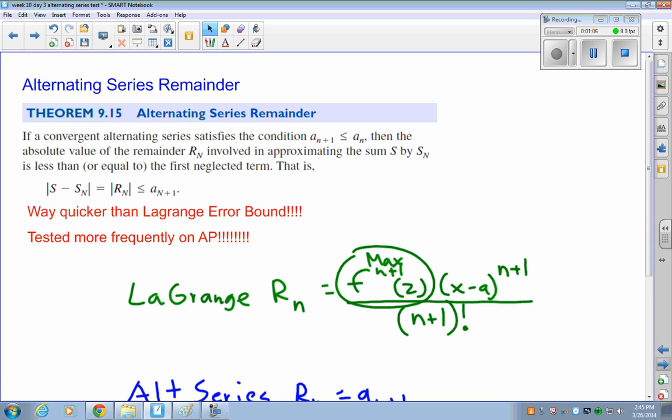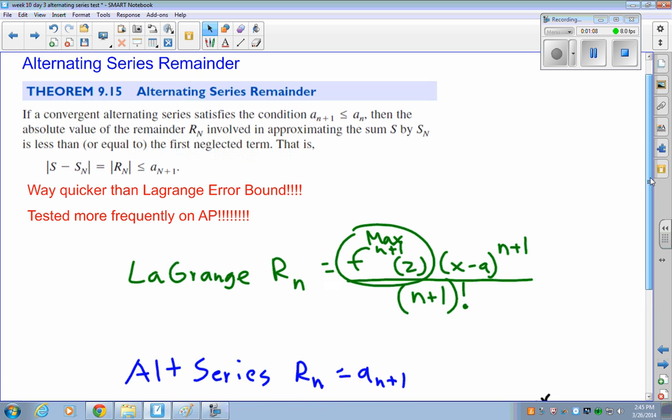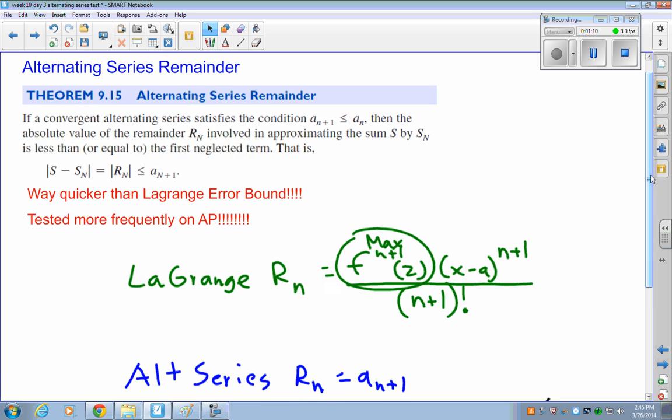Don't write yet. You can write these later. I just want to talk on this because it's actually really nice. You've learned an error bound before. That error bound was the Lagrange error bound. You hated it. Today you're going to love my new error bound. Lagrange error bound, you hated it because you had to go find the n+1 derivative. So you had to take like n+1 derivatives.